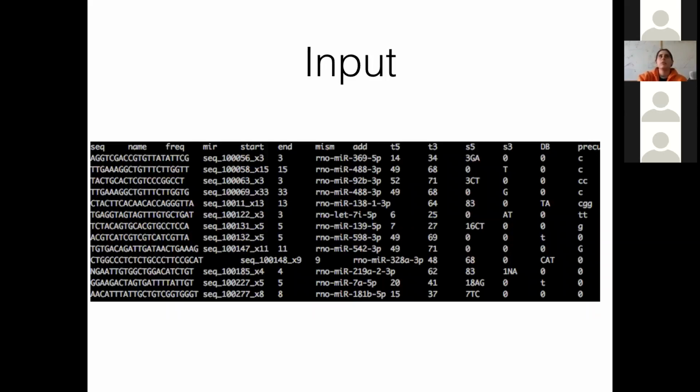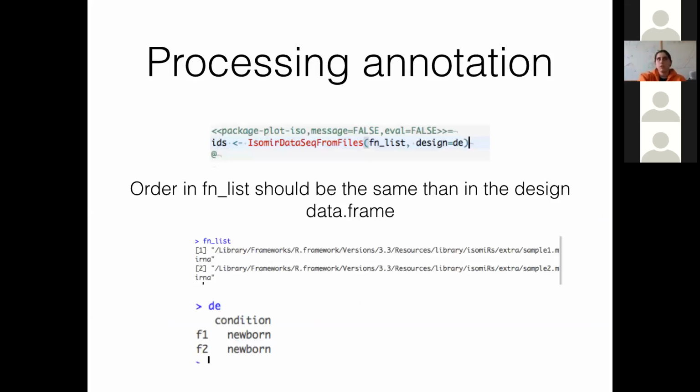But at the end this is mainly that. So the input is like this. This will be the output of mirtop. It's missing the last column, but here you have all the information that you will need. The processing, how you load that, is very similar to any other sequencing data: a list of files and a data frame for the experimental design.